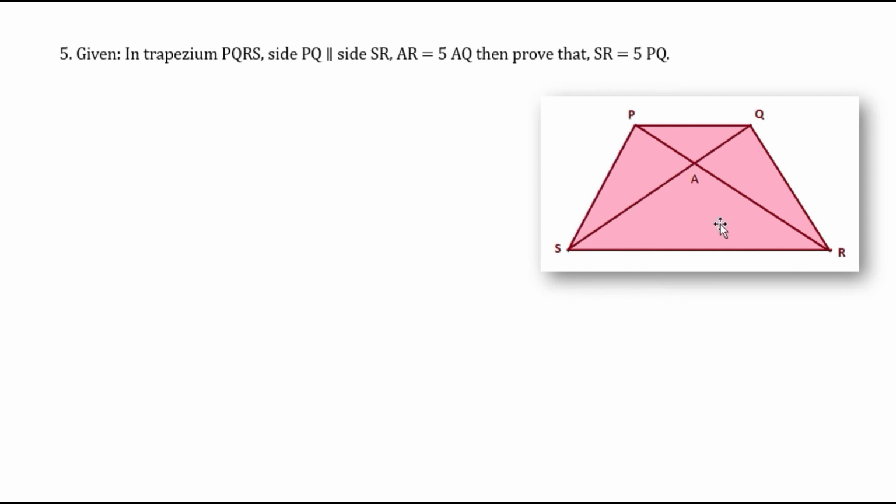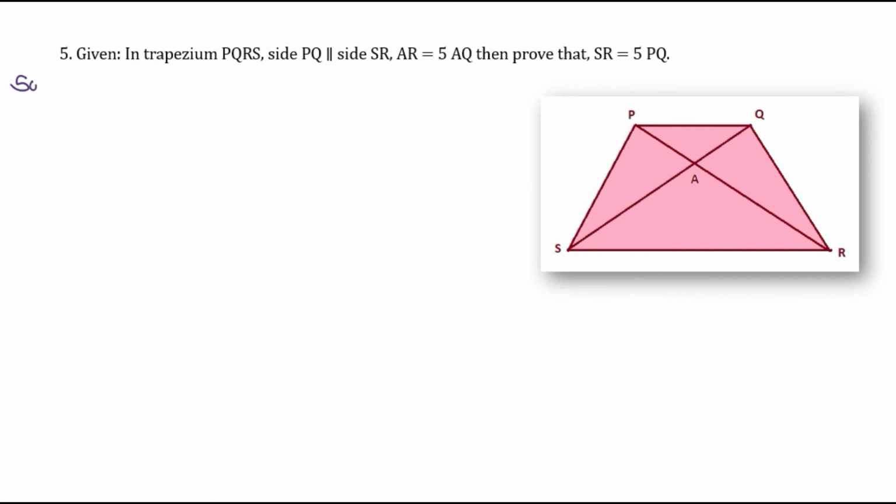Therefore, PQ and SR, these are opposite sides, are parallel. This pair is only parallel, these are not parallel sides. AR is 5 times this side, AQ. And we have to prove SR is equal to 5 times PQ. How to prove this? Let's solve this.